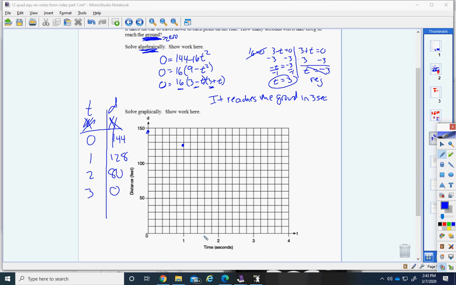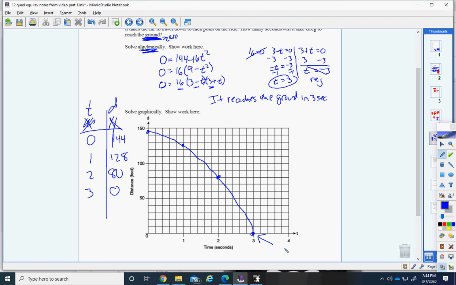I hate this pen. It doesn't always do what I want it to do. 3, 0. This is half of a parabola. The other half is over here, but I can't have negative time. We don't put arrows because it doesn't go into the negatives.